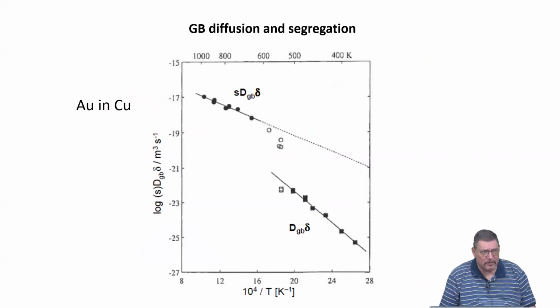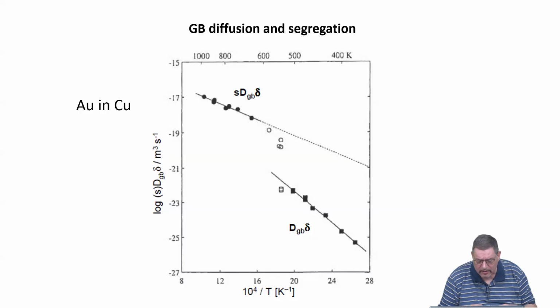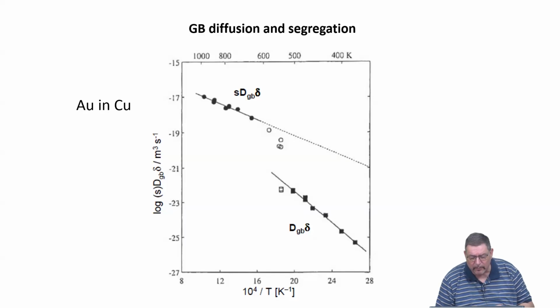Last thing for today, a transparency. This is now a real measurement. We have here a measurement of grain boundary diffusion as a function of 1 over T multiplied by 10 to the 4.